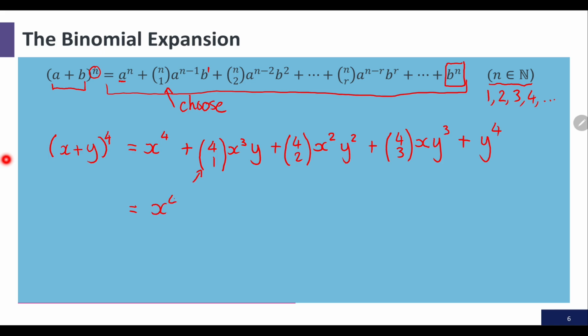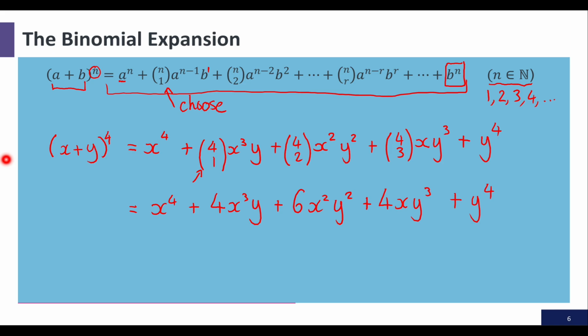So x to the power of 4. 4 choose 1 is 4, x cubed y. 4 choose 2 is 6, x squared y squared. 4 choose 3 is 4, x y cubed, plus y to the power of 4. And there we go. There is a binomial expansion for you.